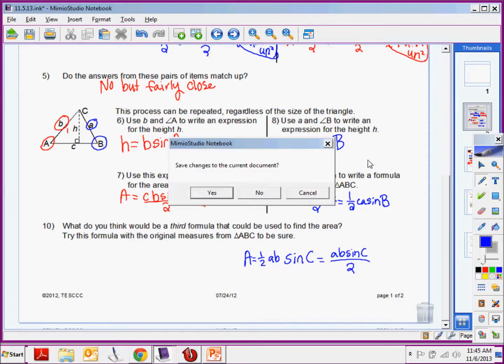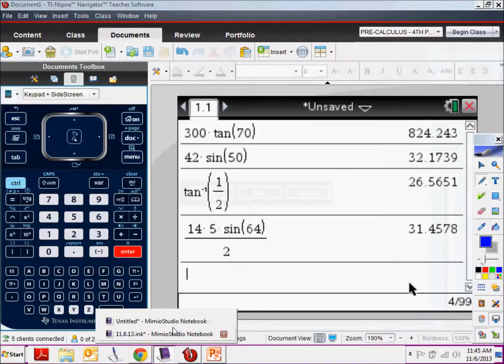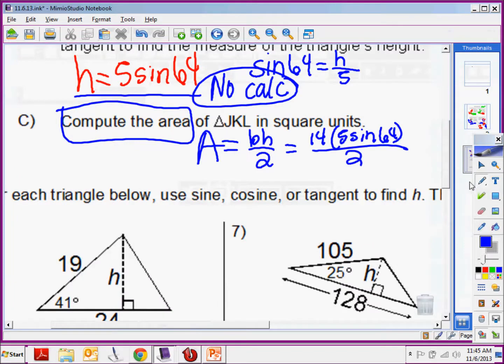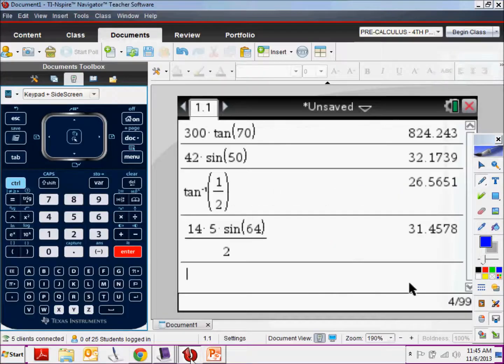So my answer, because I saved my rounding to the very end, is 31 and 46/100. That 7 is going to cause my 5 to round up.